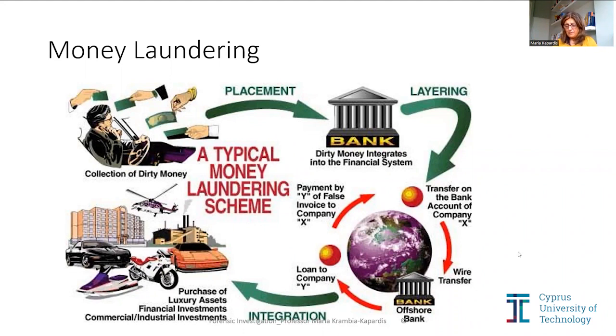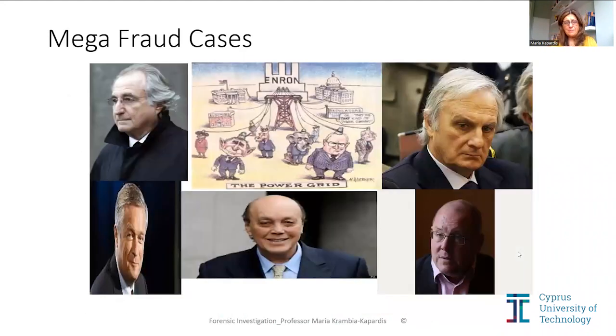It's being lost in various accounts. And then eventually it's being integrated, and the individual buys luxury cars, financial investments, commercial industries. Or nowadays, instead of putting the money into the bank, they might buy insurance policies or works of art directly. So this is when they launder the money.